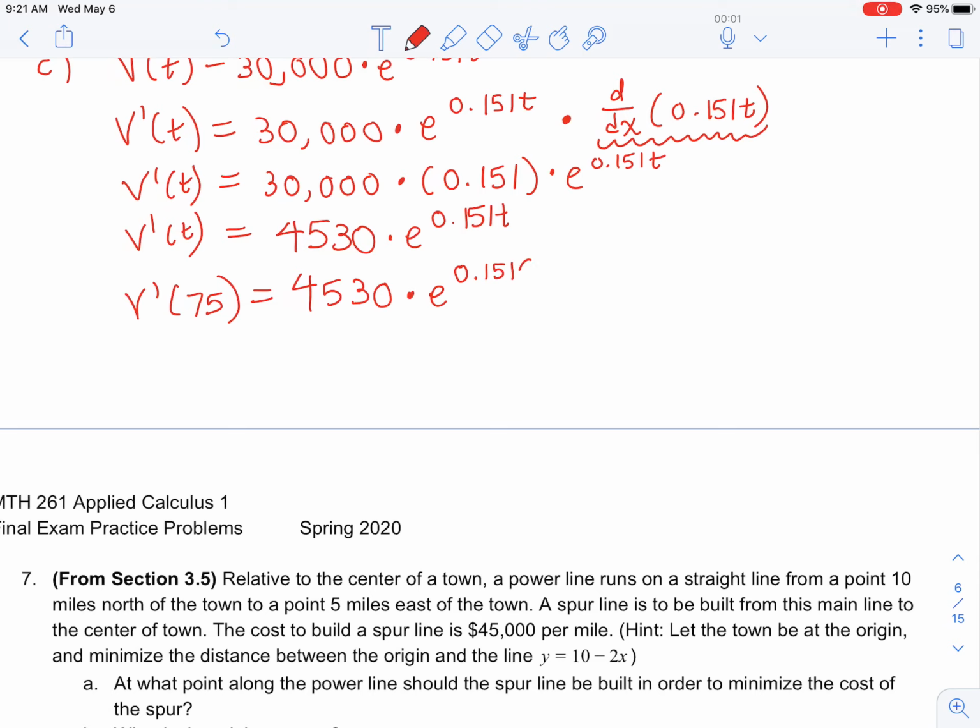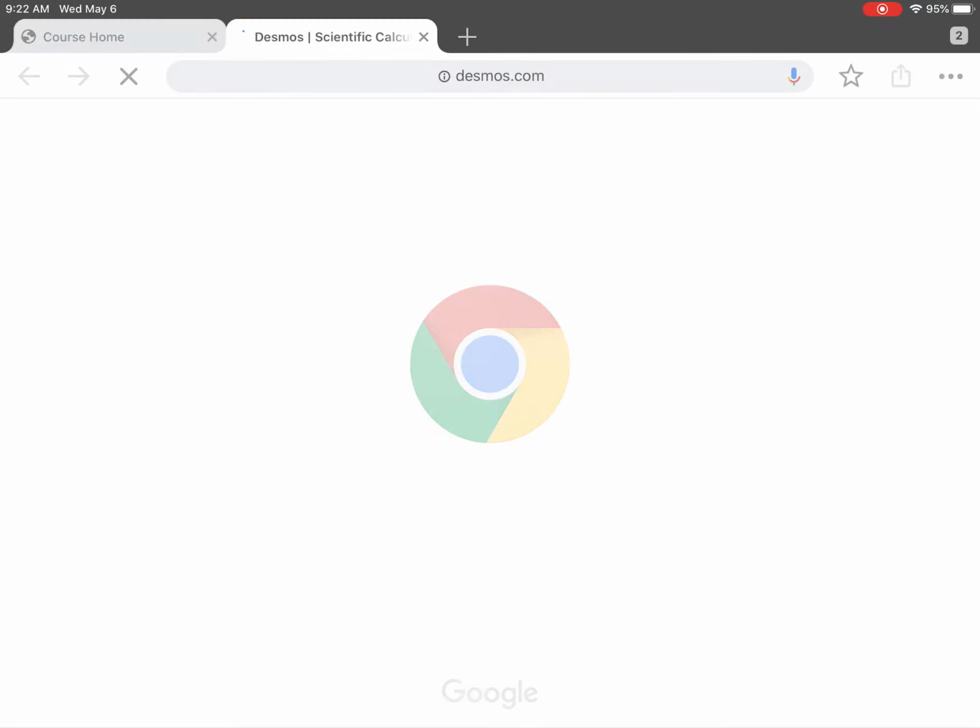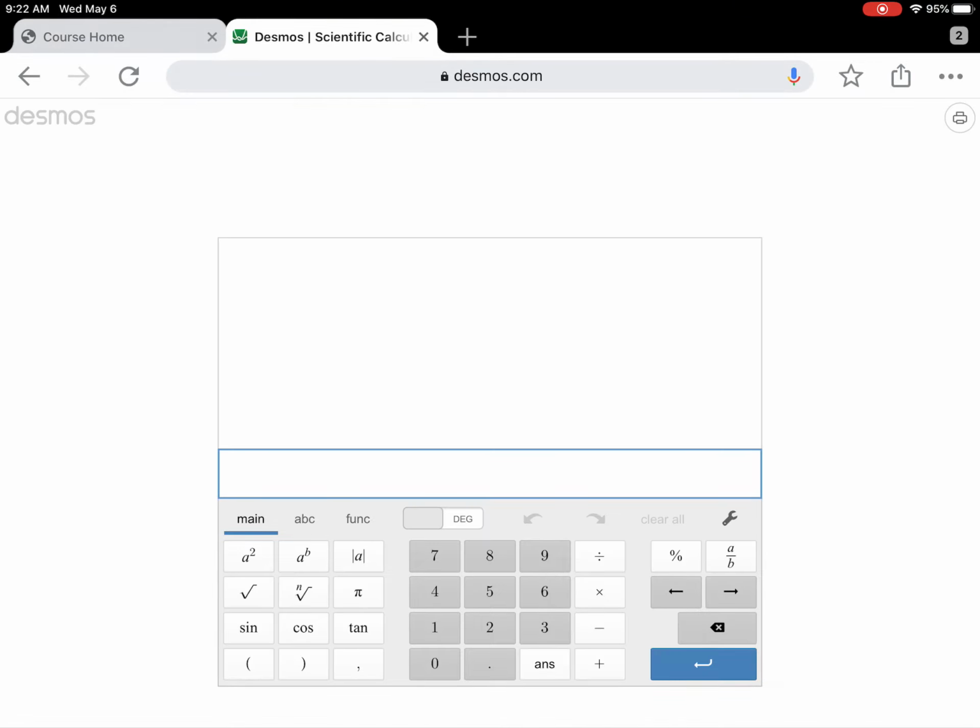So 4530 times e to the 0.151 times 75 is going to be approximately, let me go to my scientific calculator. 4530 times e to the 0.151, oh no, I need to put this power in a parenthesis, times 75. Okay, I think I entered everything right.